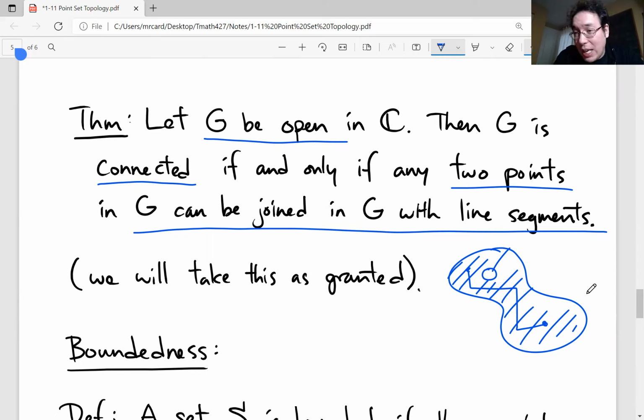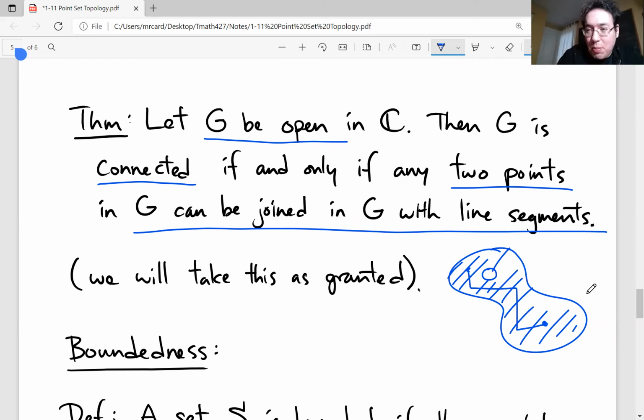Now, technically, you might think this is an obvious fact. It's actually not at all obvious. In fact, the definition of connectedness is separate from the definition of what's called path connected. You could have connected sets that are not path connected.